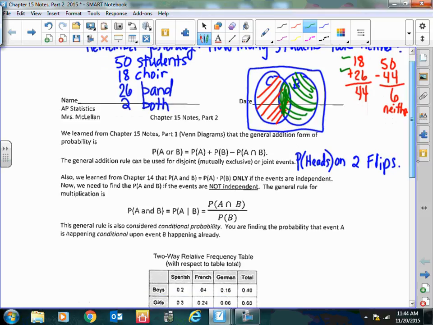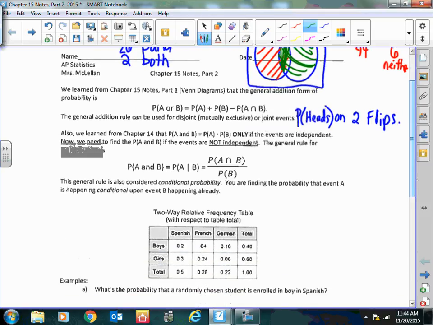Well, if you would like to not have to think about things in that Venn diagram all the time, you could use a formula. If you're a person who likes the formulas, here is the general formula that would work. You add the probability of A plus the probability of B, so the choir plus the band. But look, here's what makes it different.